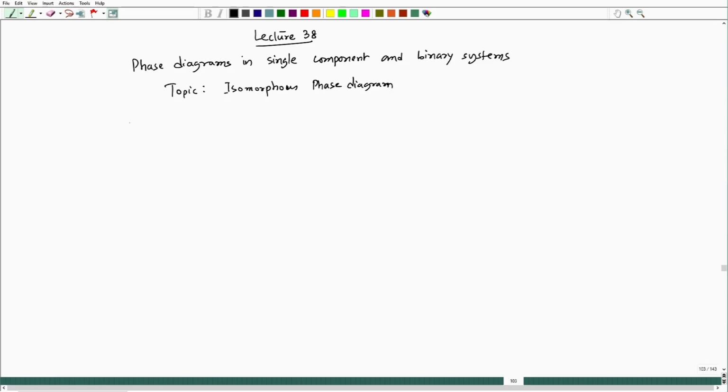An isomorphous phase diagram appears when we have equilibrium between solid and liquid solution, and we are taking a binary ideal solution, where A and B are two metals, let us say. All the parameters which yield an ideal solution are also valid here.